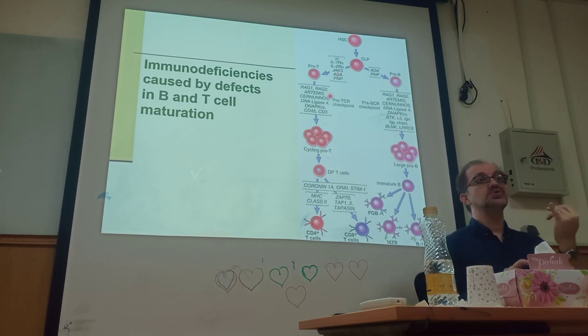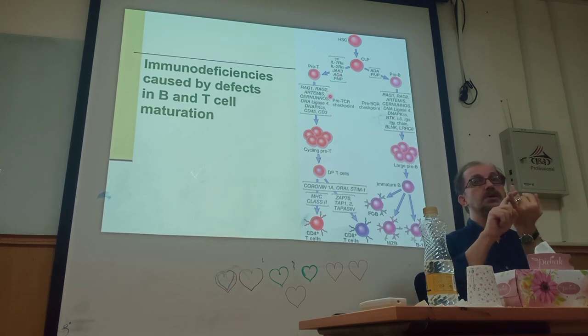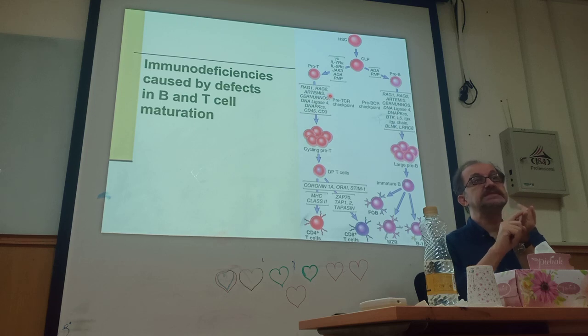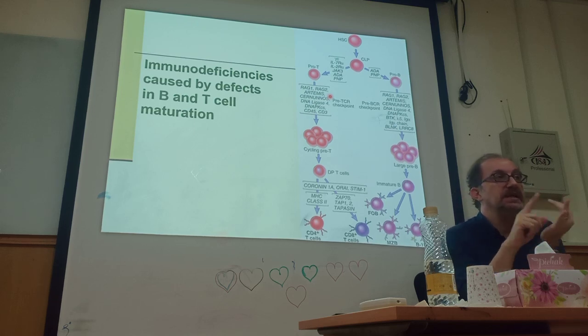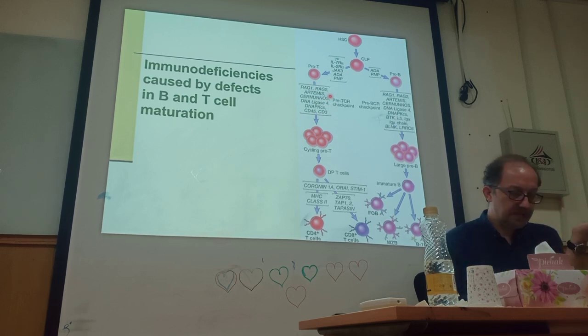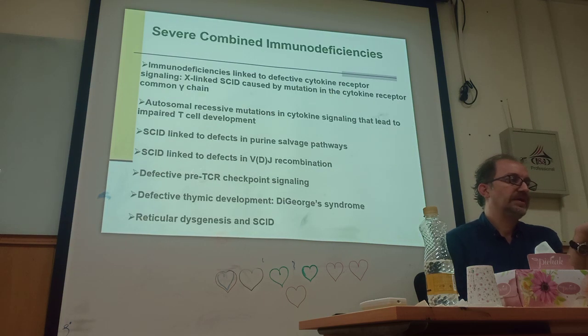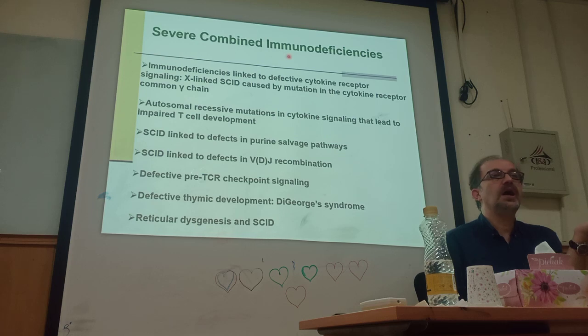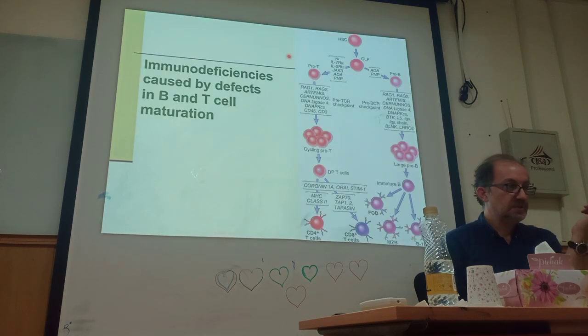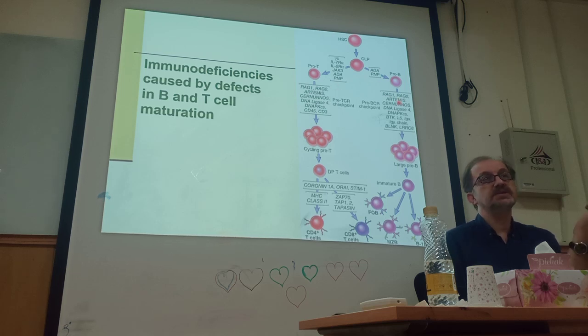So it leads to T minus, B positive SCID. What is SCID? Severe combined immunodeficiency. Which type of SCID? T minus, B positive. Is it clear?